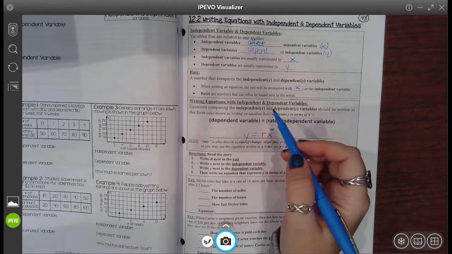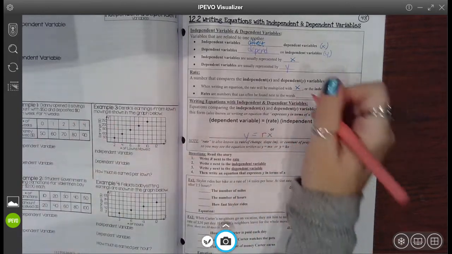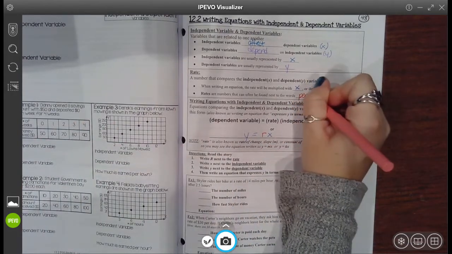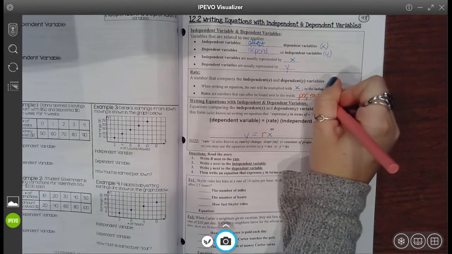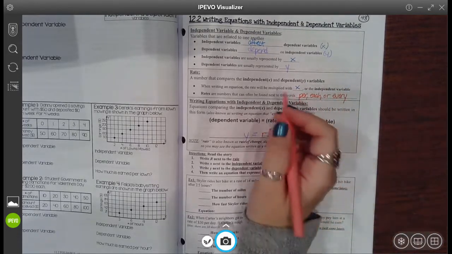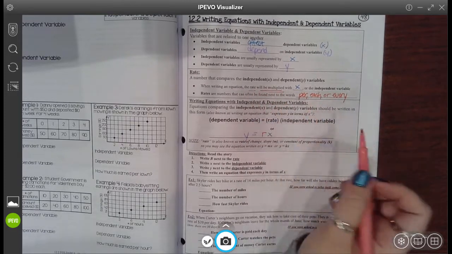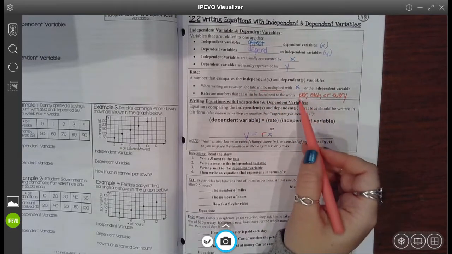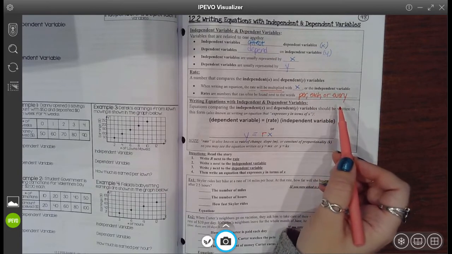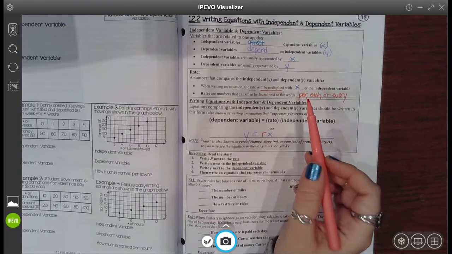Rates are numbers that can often be found next to the words per, each, or every. Okay, so remember that again, your rate will be multiplied with your x, and it's usually found by the words per, each, or every. Okay, and it has both the x and the y in it.